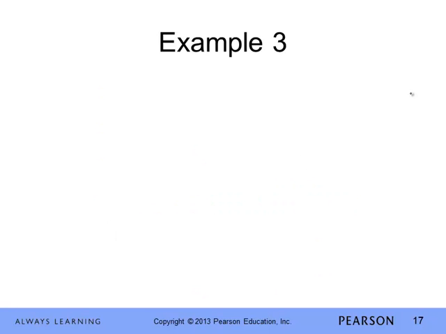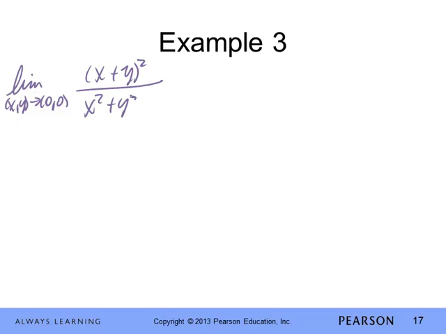All right, let's do another example. Number 3. Here we're going to see where a limit doesn't exist. Ooh, spooky stuff, right? So let's go ahead and take the limit as (x, y) approaches (0, 0) of the function (x plus y squared) over (x squared plus y squared).